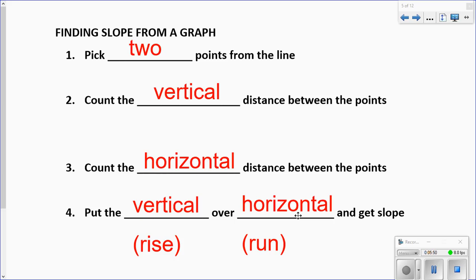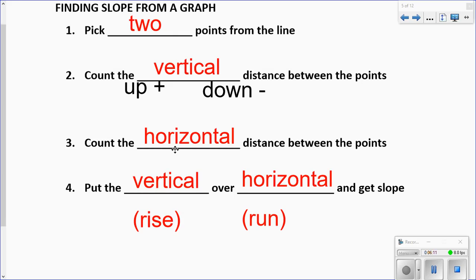Now, things to keep in mind. If you move up, you're moving positively, so that means it's a positive number. If you move down, you're moving negatively. So, for instance, between your 2 points, if you had to go down 5 points, that's a -5 for your vertical distance. Same thing with horizontal.